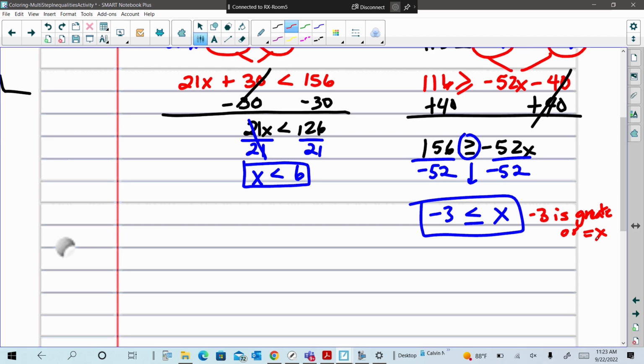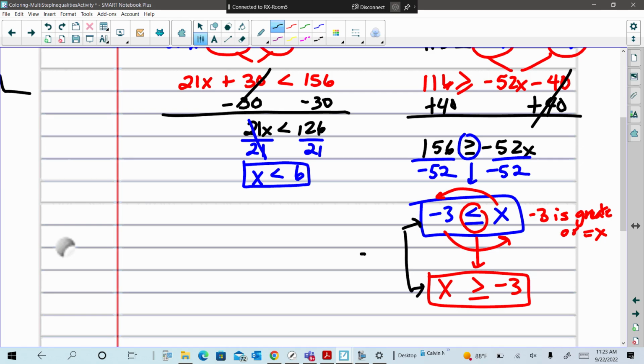So here's what happens. If I move this x to the left, and I move the negative 3 to the right, then I also have to flip that symbol. So now this becomes x is greater than or equal to negative 3. Make sure you understand that these two are the same.